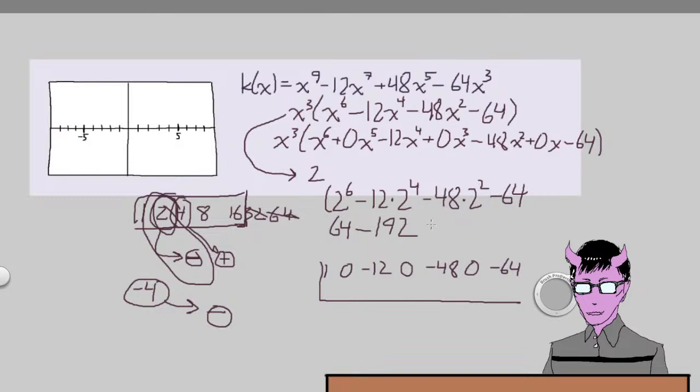And then this one is, what is that? That's going to be 4 times that one, which is 192. Okay, that's kind of not looking good. And then minus 64. Okay, so that ends up being wrong too.